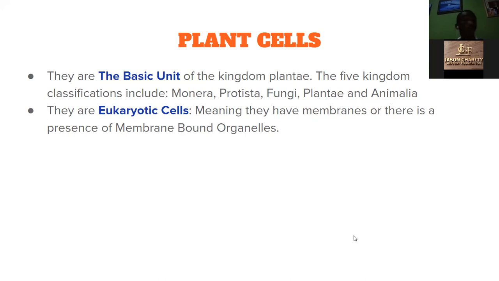All right. So cells are the basic units of life, and plant cells are the basic units of the kingdom Plantae. Now we talked about the five kingdom classifications, which include the kingdom Monera, the Protista, the fungi, the Plantae, and the Animalia.